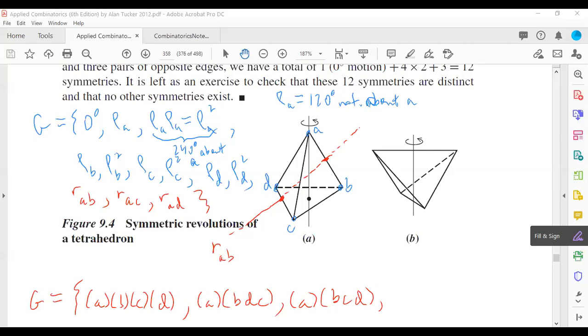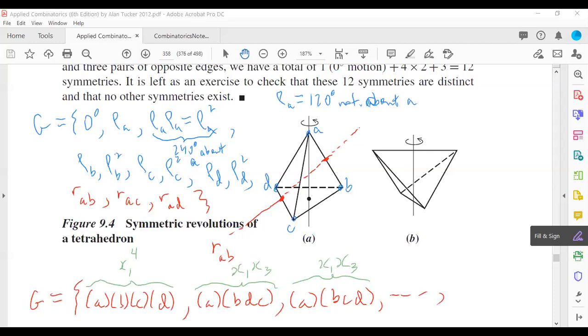This guy right here is going to contribute an x1, x3, same thing with this one. Not much is going to change all the way through all of these rotations. It's going to be exactly the same.